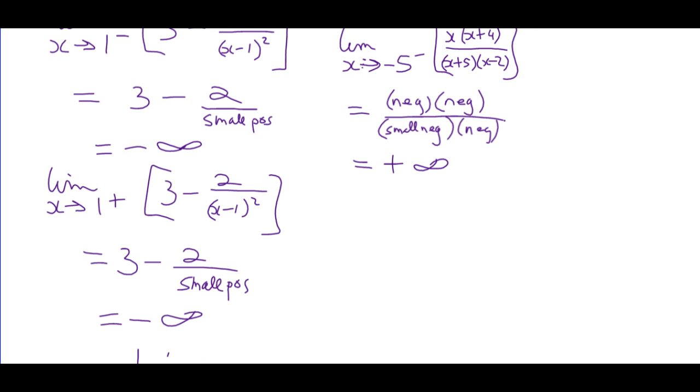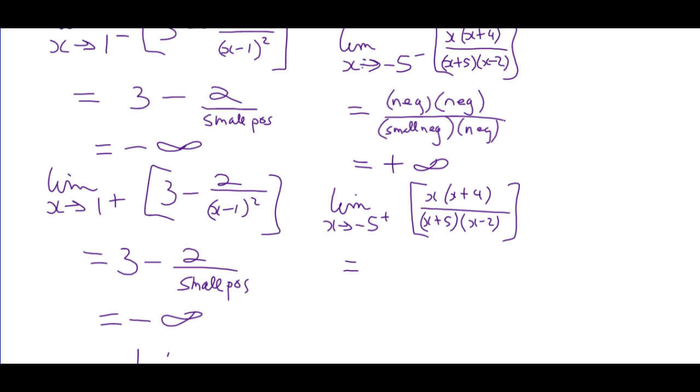Okay, as we approach -5 from above, of x, okay, so it's still -5, so the x is negative. You're still adding 4 to something that's around -5, so that's still negative.